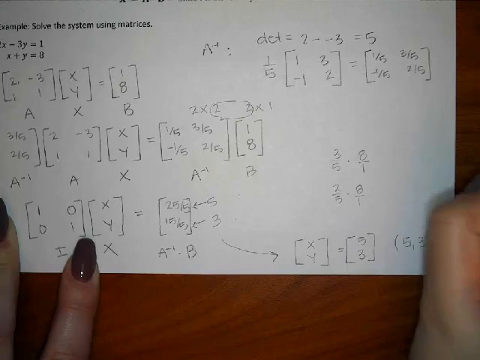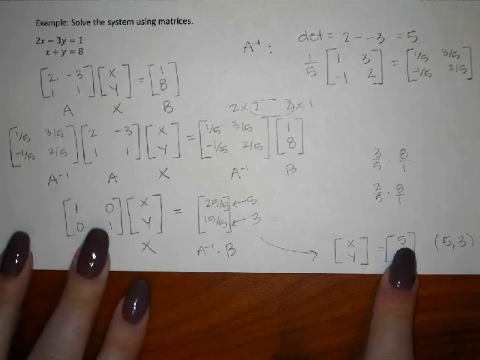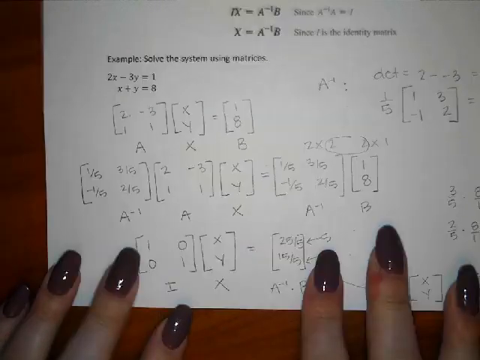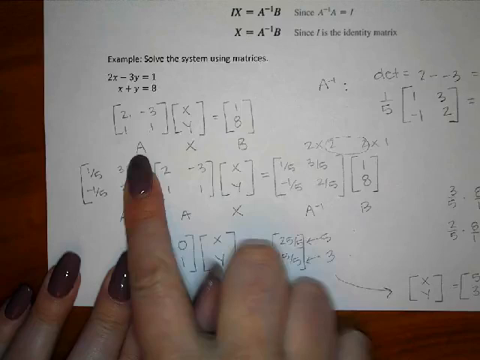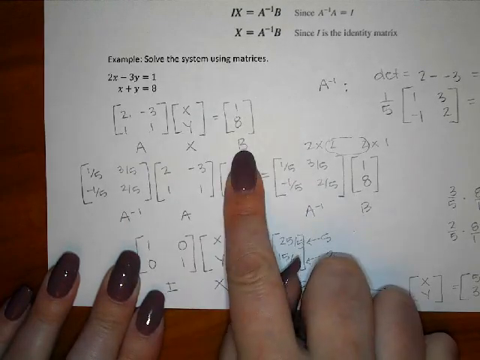That's our solution. So what you'll notice is to solve this entire system, you can show all of your work. You can show the start: I had the coefficient matrix times the variable matrix equals the constant matrix, and I can show all my work here.